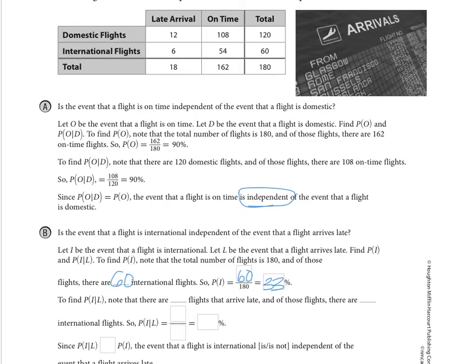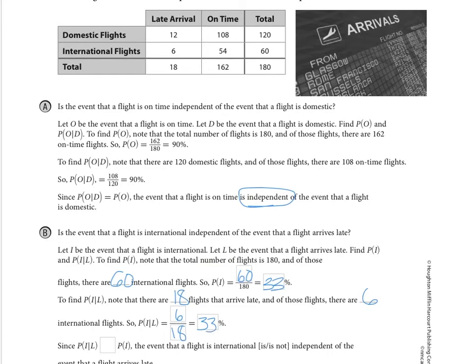To find the probability of an international flight given that it's late, the total flights that arrive late is 18, and of those flights, of that first column, there are 6 that are international. So the conditional probability of I given L is 6 out of 18, which also comes out to 1/3, or 33%.